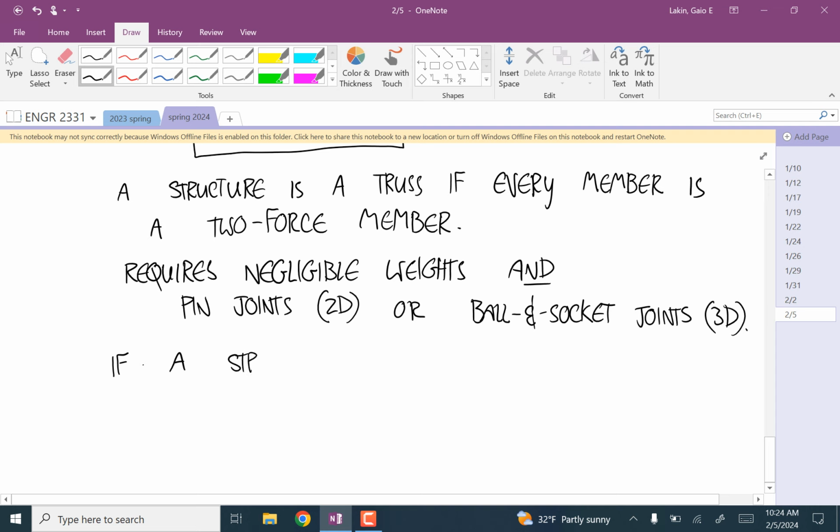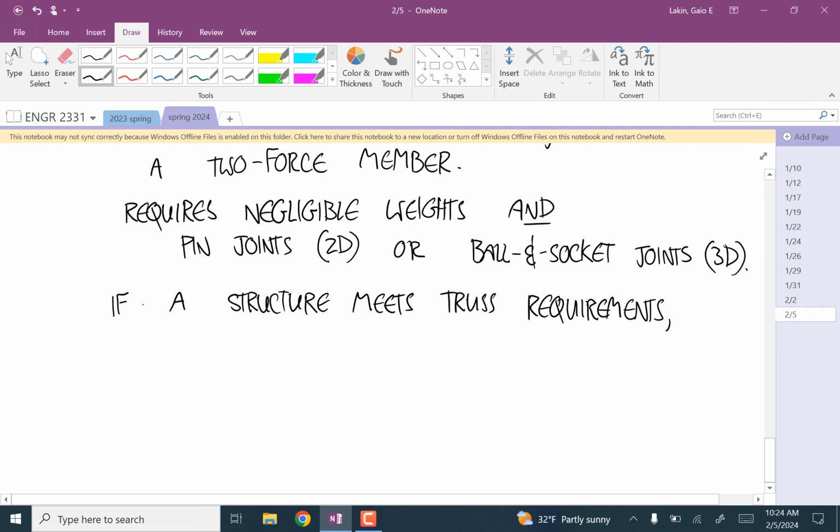So if a structure meets the truss requirements, treat each member as a cable. So we're going to assume that positive is tension.